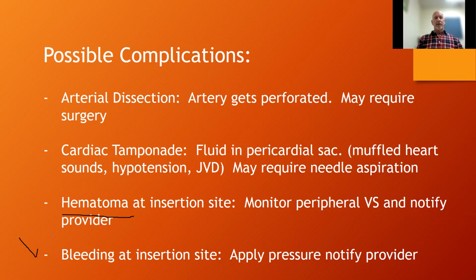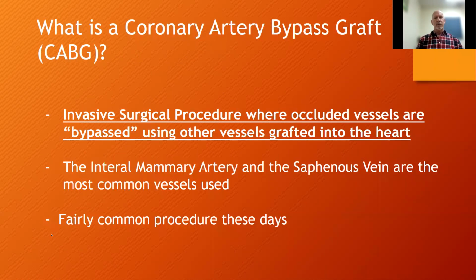Moving on. The other surgical procedure we're going to talk about is coronary artery bypass graft, or we also call it a bypass, or CABG. And sometimes you'll see it CABG times 3 or CABG times 4 or whatever.